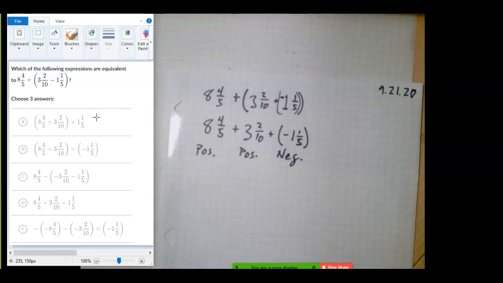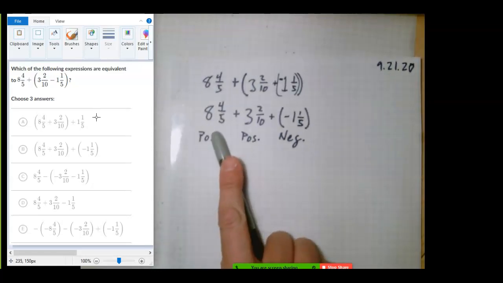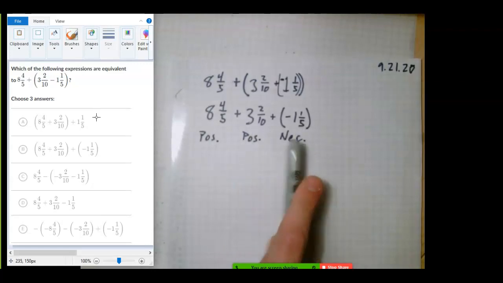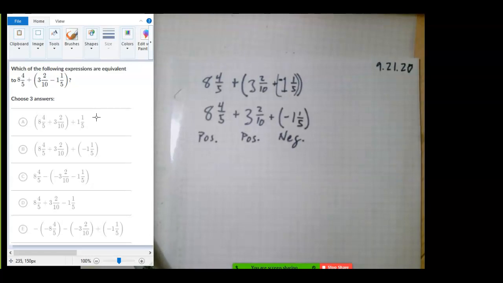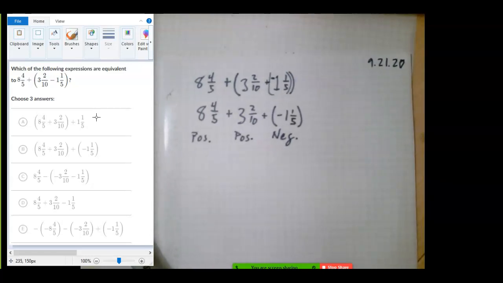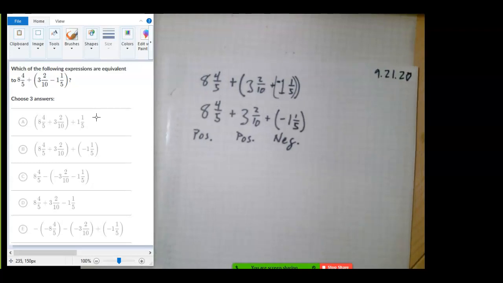Any questions on how I got to positive 8 4/5, positive 3 2/10, negative 1 1/5? Guys, I know some of you have questions and are just refusing to ask. I'm hoping that those of you who have your camera off have a legitimate reason, because at this point, guys, I'm not fighting it anymore.